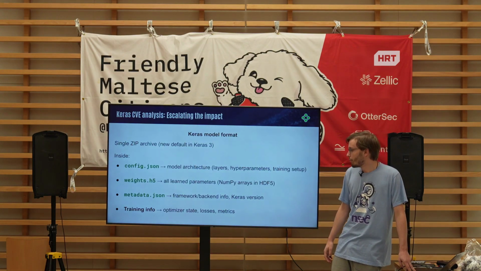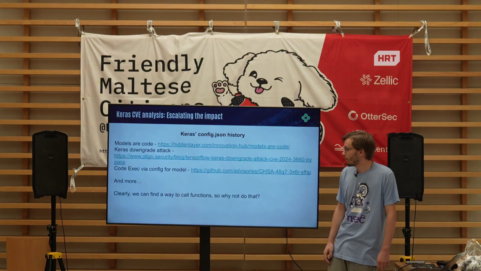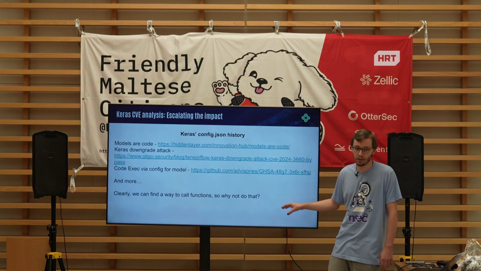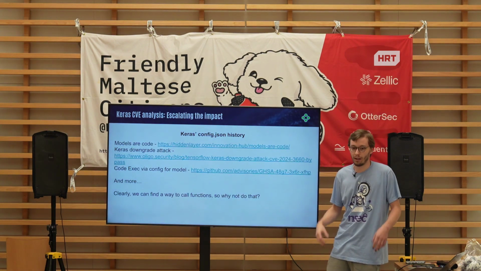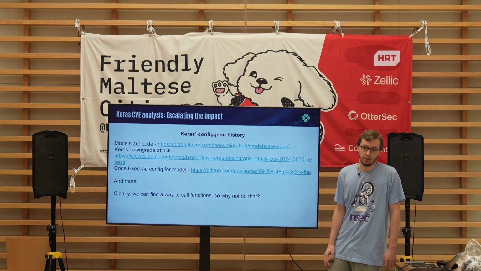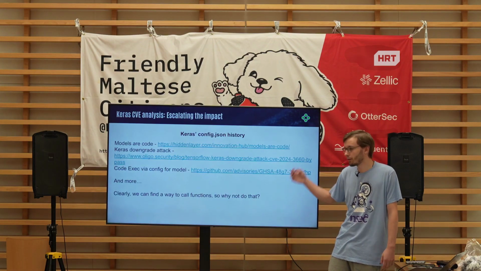One of the most important things is config.json. If you look at Keras before, there were already a lot of attacks done on it. For example, there is something called Lambda, which will run code when it's used. So obviously you could just set a Lambda with bad code and it would run.